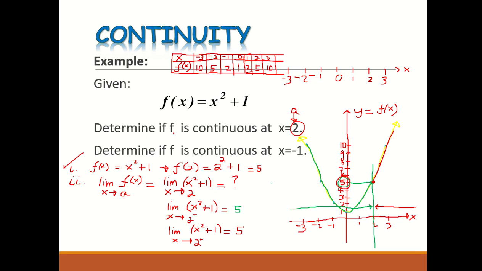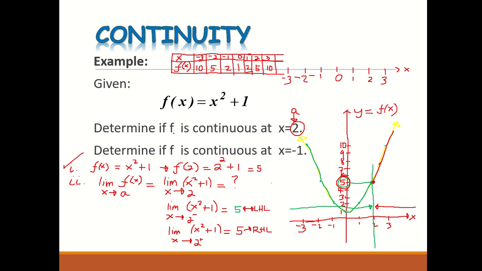Okay? So therefore, since the right-hand limit and the left-hand limit are equal, this is our left-hand limit, LHL, and this is our right-hand limit.